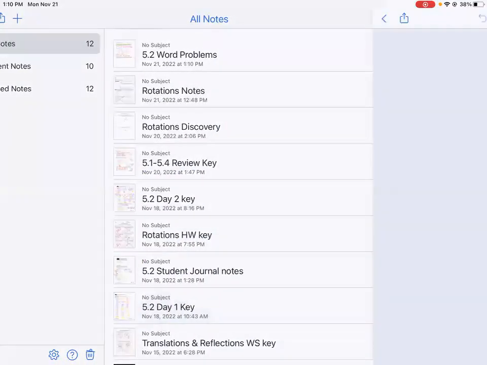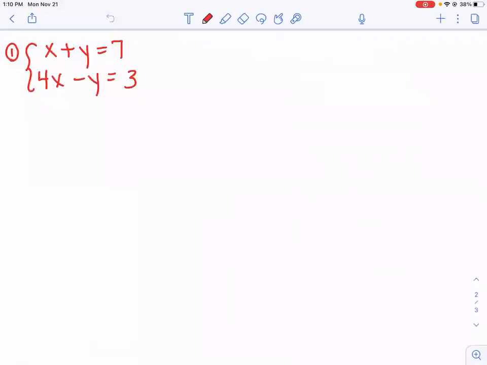Well, what if I give you a problem like this? That's not the case. So if I want to use substitution, what are we going to have to do? We're going to do the same thing we did on Friday, but we have one extra step. I can't substitute yet.